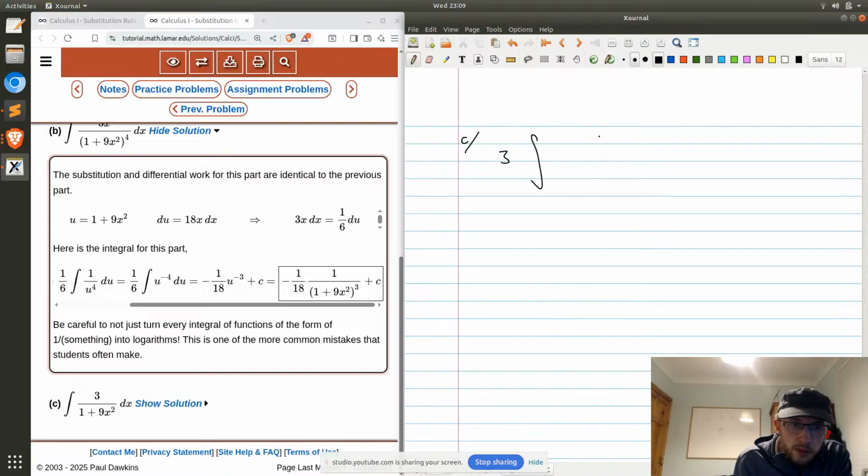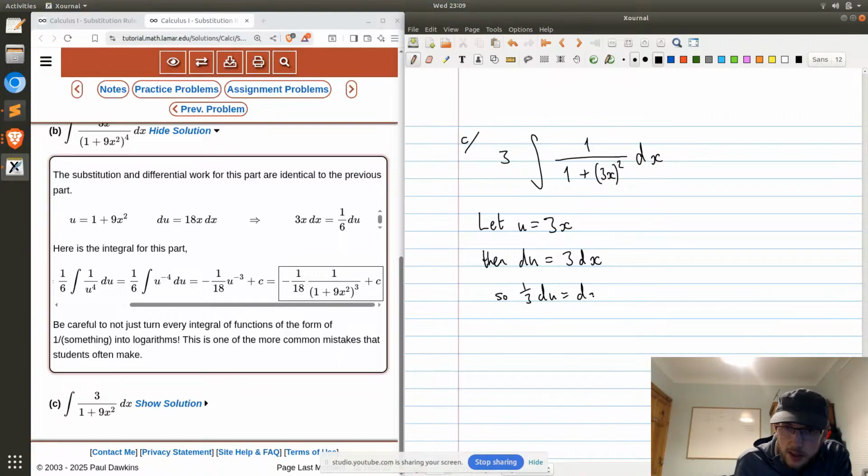First, move the 3 outside. Then bring the 3 inside, like that. And let u equal 3x. Then du equals 3 dx. So 1/3 of du is equal to dx. And now the original integral becomes what?